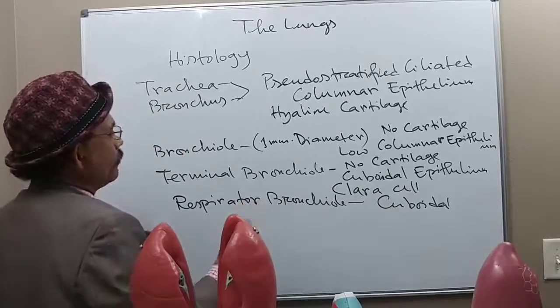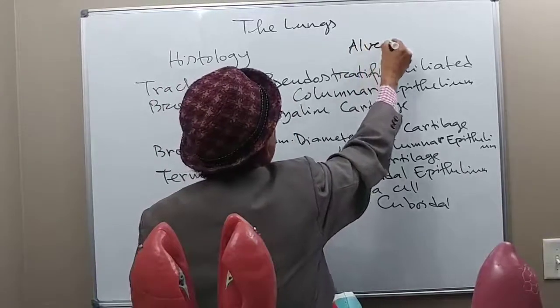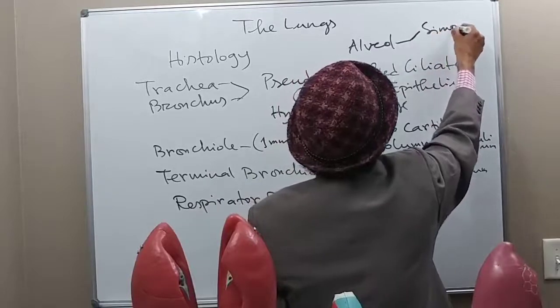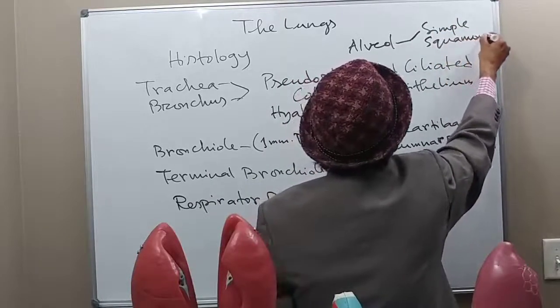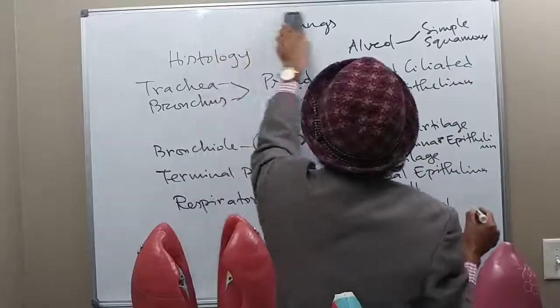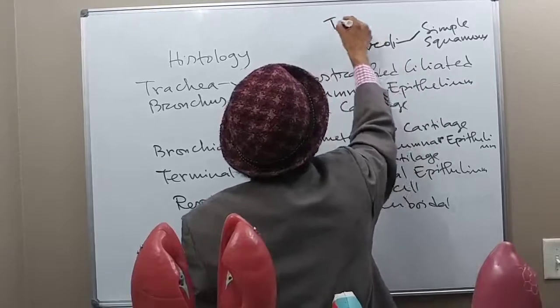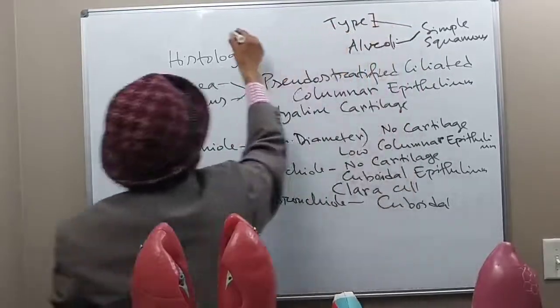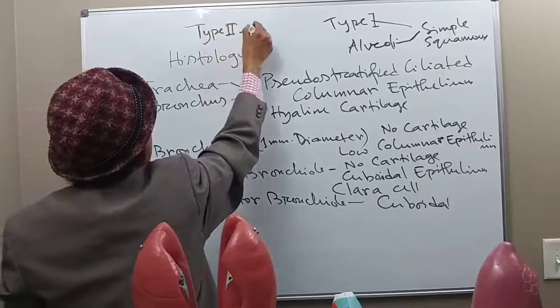Then in the alveoli, the last part, the lining epithelium is simple squamous. Here we have two types of epithelium. Type 1 is simple squamous. Type 2 alveolar epithelium are cuboidal.